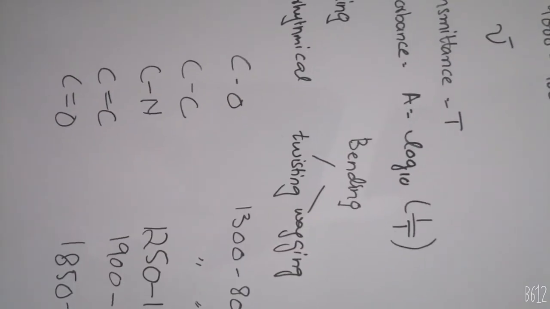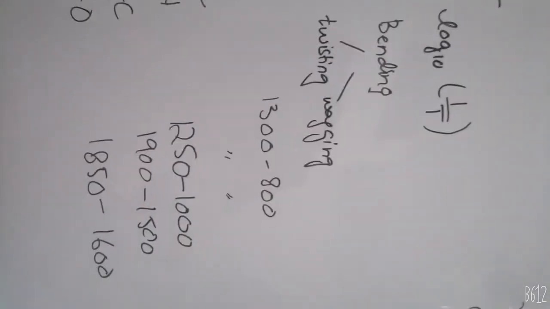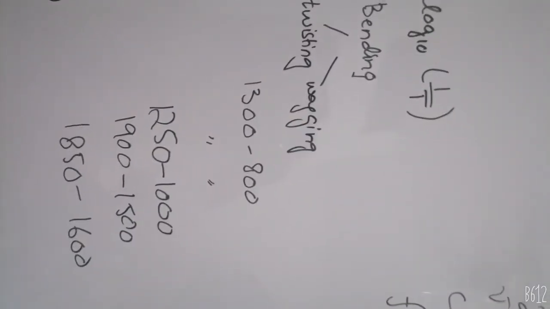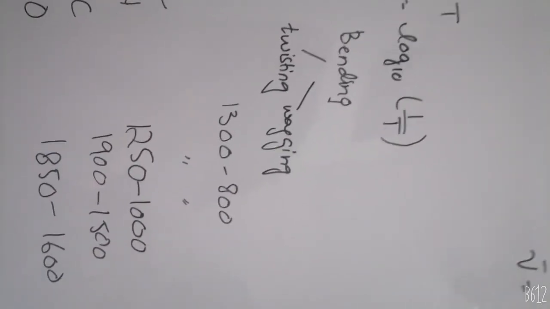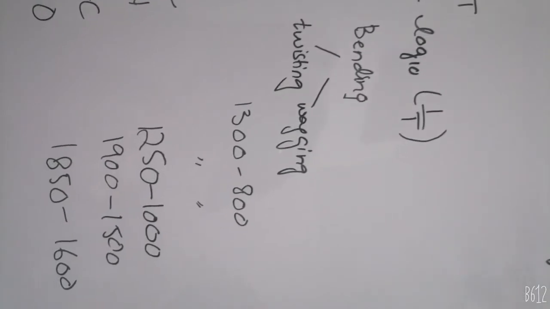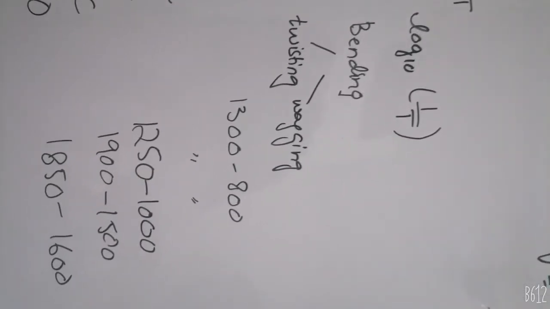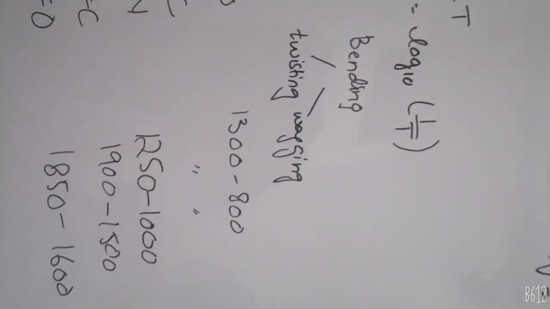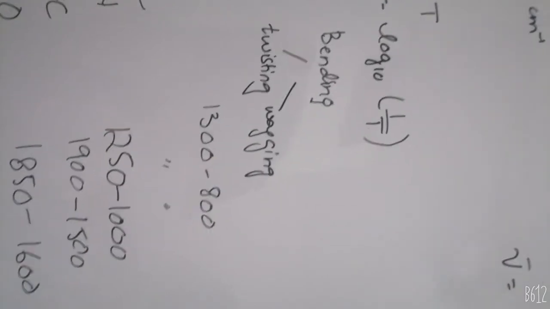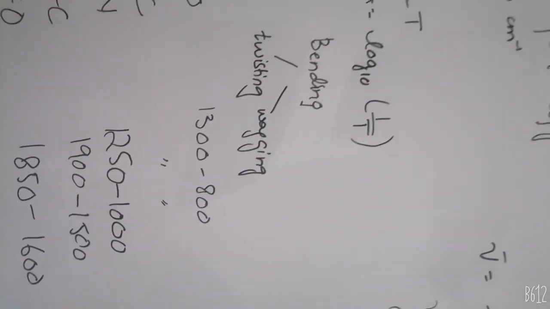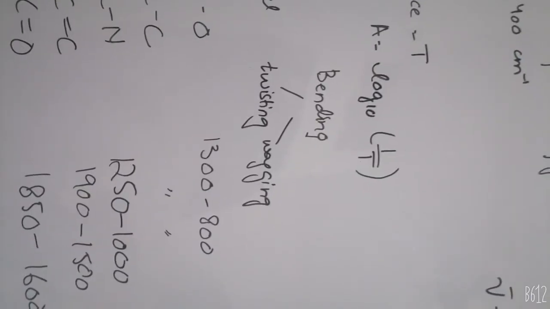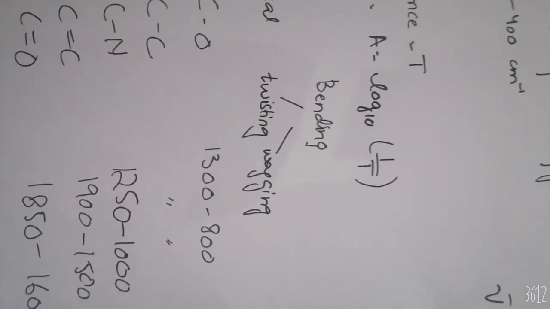Now for carbon single bond nitrogen, the observed values as mentioned on the whiteboard are 1000 to 1250, and the calculated value is 1135, which lies in the observed range. For carbon double bond carbon, the observed range is 1500 to 1900, and the calculated value using Hooke's law was 1657.